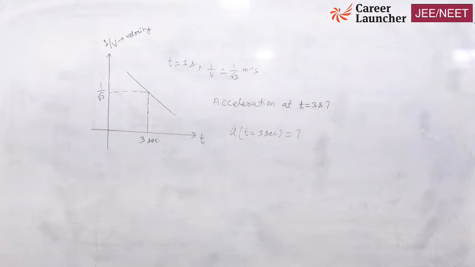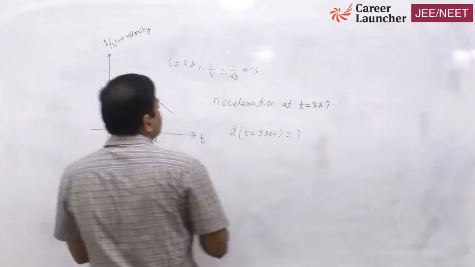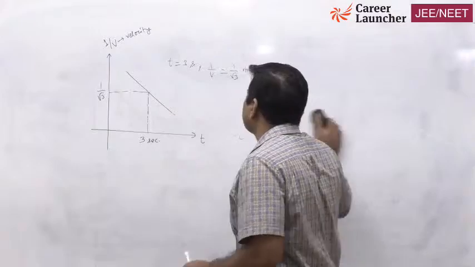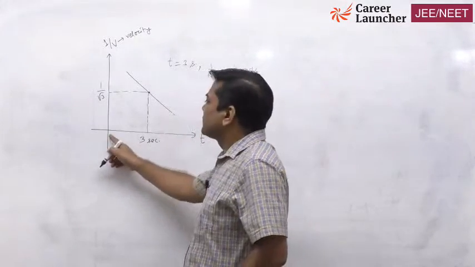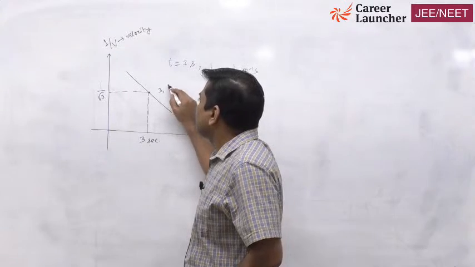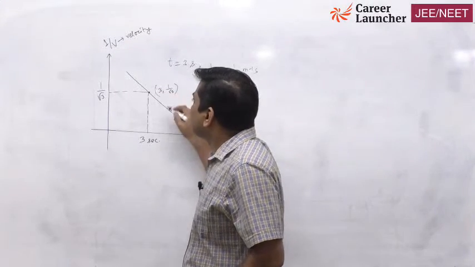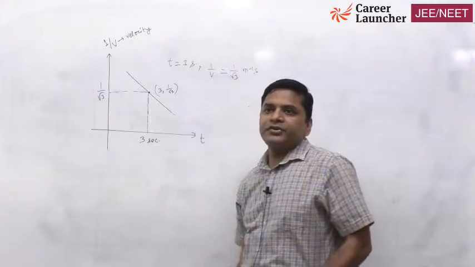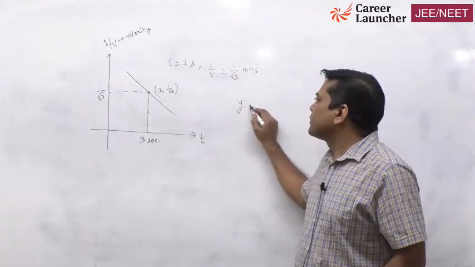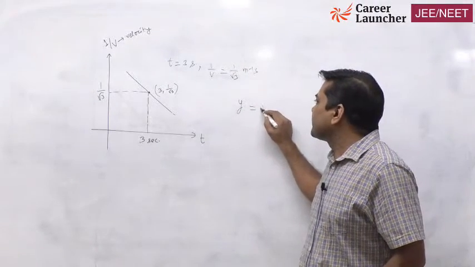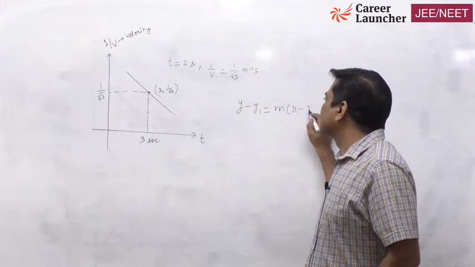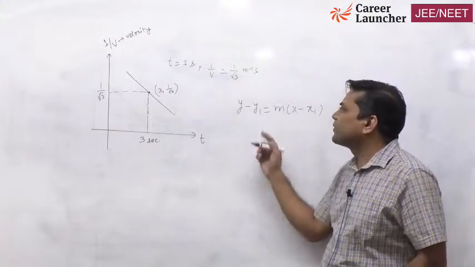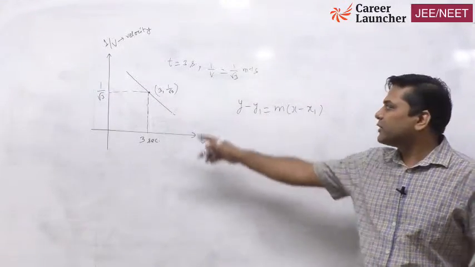So I'm going to explain that. First you mark this coordinate point, 3 comma 1 by root 3, and write down the equation of this straight line: y minus y1 equal to m times x minus x1, where x1 and y1 is any point on the straight line. Only one point is known.